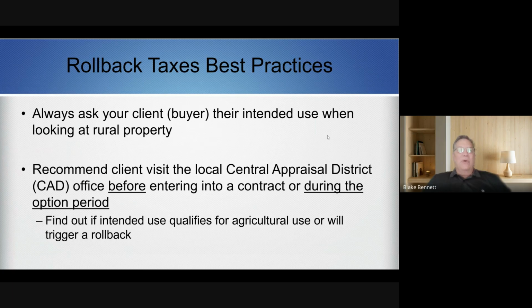Well, I need to know what exotics are. What are you calling an exotic? I'm not going to make the call as to whether what they think is an exotic will work for the Central Appraisal District.